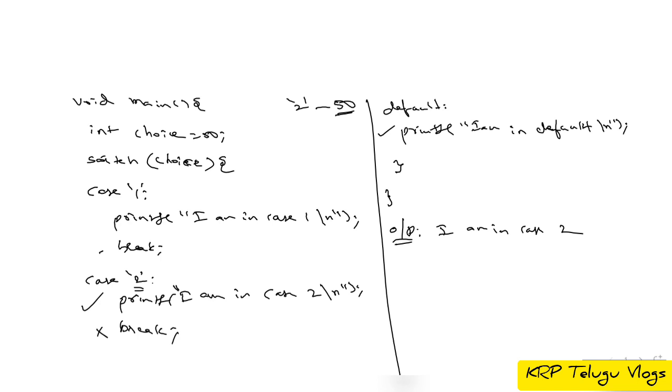Can I erase? Yes, sir. So now I am having void main. float a is equal to 2.5.